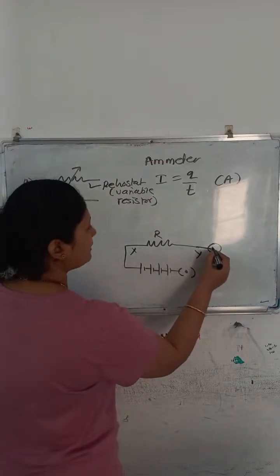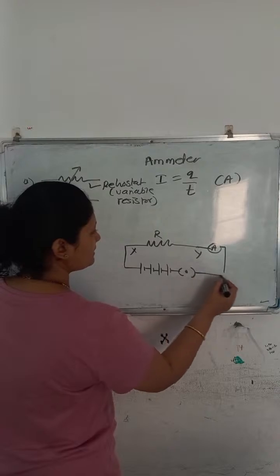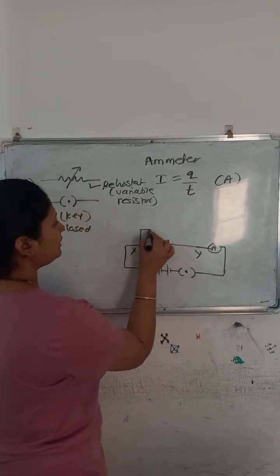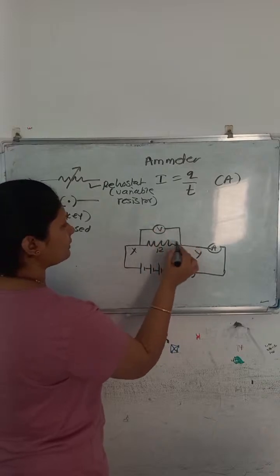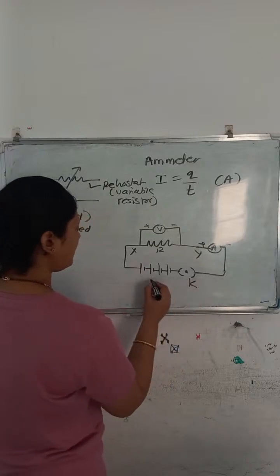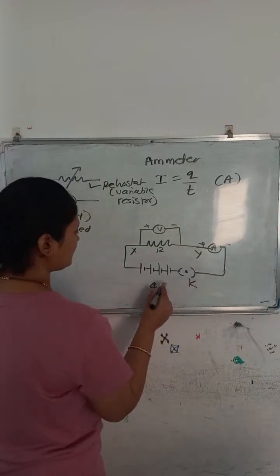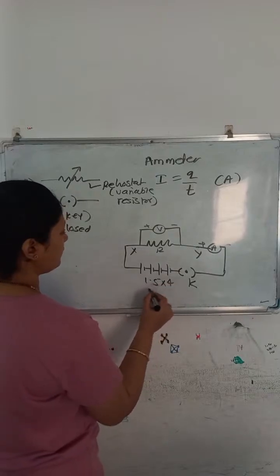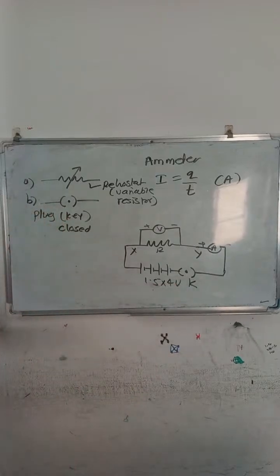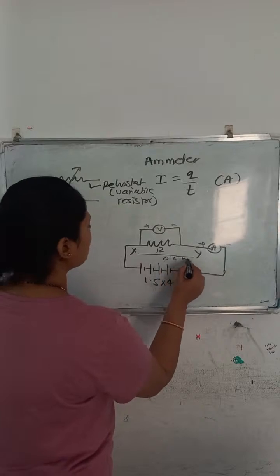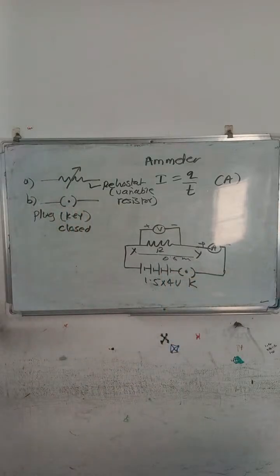The ammeter I will draw over here, which is always in series, and the voltmeter I will draw over here. So this is positive, negative, positive, negative. This is a key K, and we have here 4 cells, each having 1.5 volt, into 4. So this is the battery which we provided over here. And this XY is 0.5 meter long. So this is the circuit diagram.